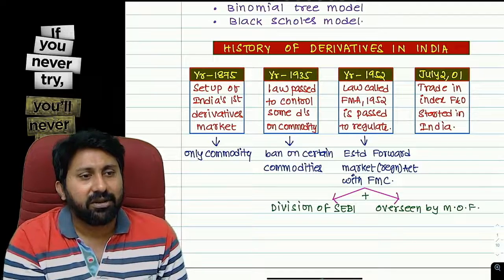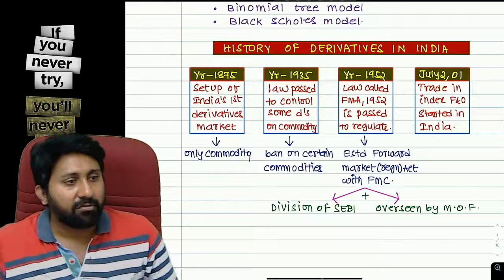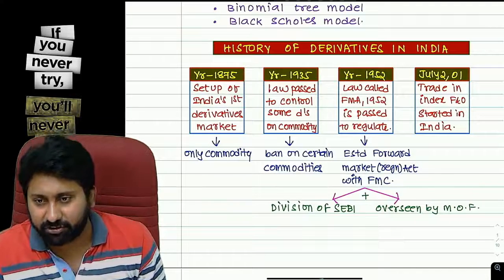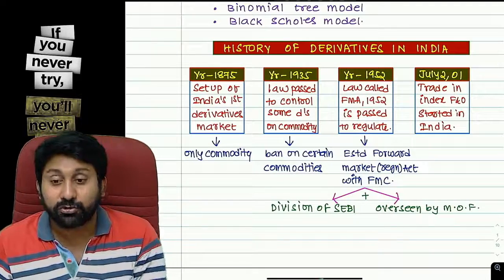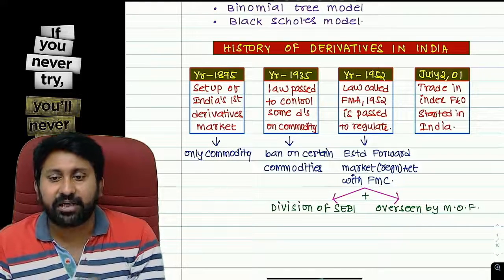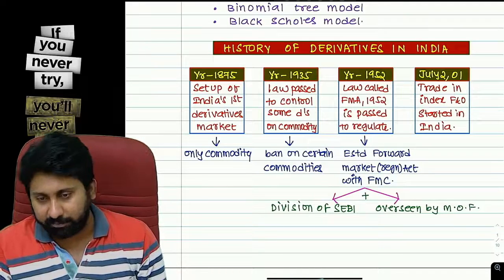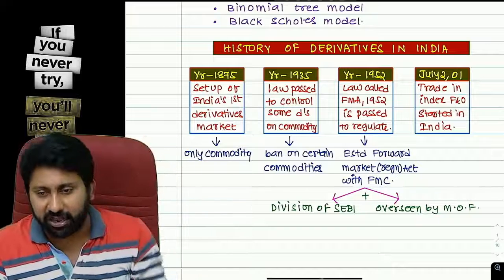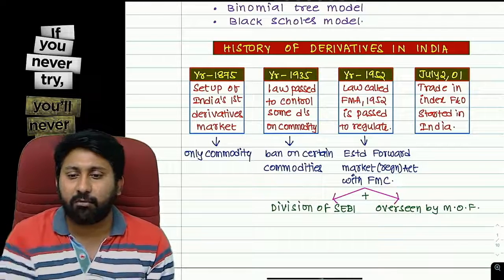What is a derivative? A derivative is nothing but we lock a price today itself for a transaction to happen at a future date. British officials used to trade in cotton, opium, indigo and other spices on the derivative segment in India. That means they would lock a price today for what they would buy in the near future. So that's called commodity derivatives.